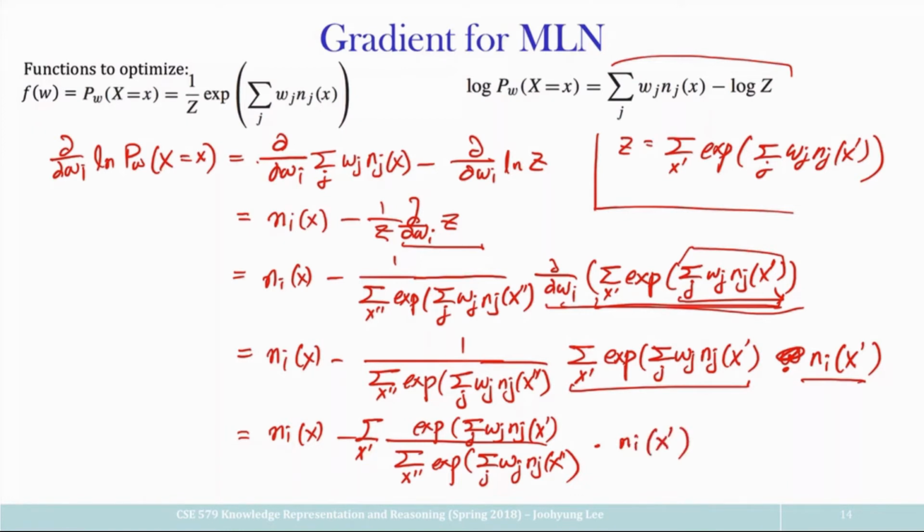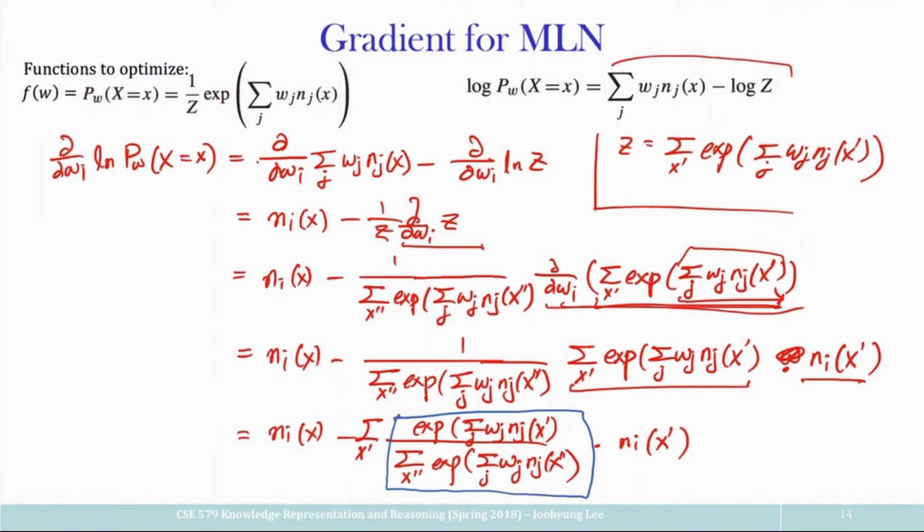Okay, I think again I'm running out of space, so let me just change the color. Okay, so what is this whole thing here? If you look at this, by definition, this is the probability of the interpretation x prime.